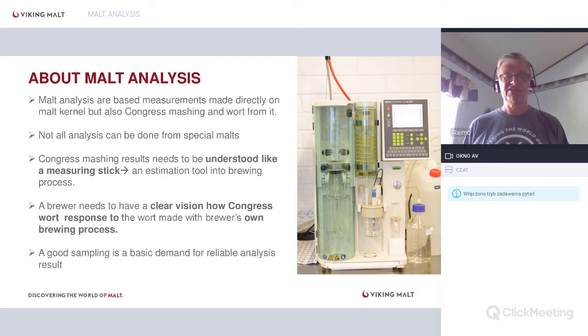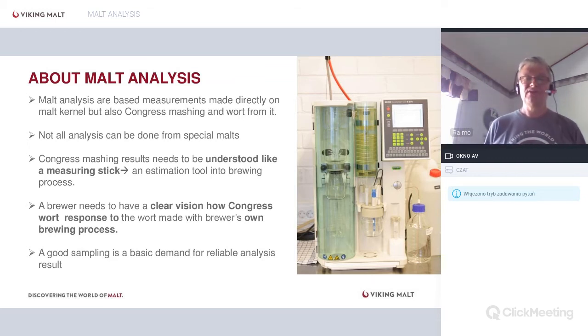If we have a caramel malt, it's quite hard in structure, and if we put it in a friability meter, it may change all the settings of this machine because the kernel is much harder than it was expected to be. And of course, if we want to create a mashing and create a wort from the mash, and it doesn't have any analysis, it's not going to be a very reliable result then.